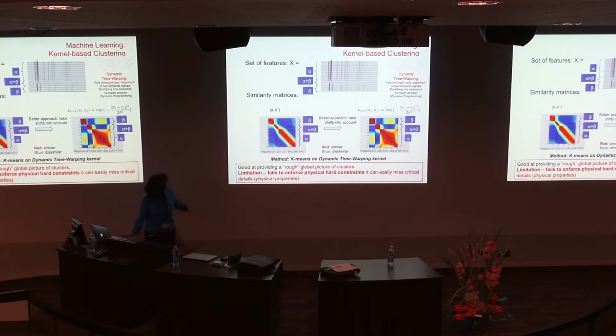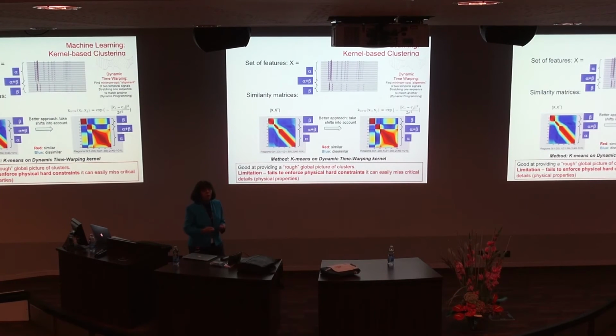But still, the machine learning was really poor at enforcing the physical hard constraints. By the way, this has been a big thing of our research. And in fact, we are working with domains where machine learning doesn't work, because typically, like in a scientific domain like this, you need to really impose the constraints of your domain.